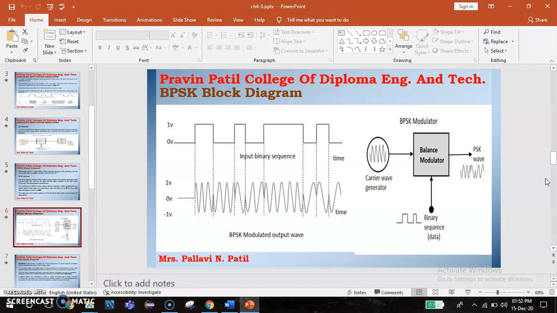From the waveform analysis, we can conclude that when binary 1 is to be sent, the carrier is transmitted with 0 phase shift, and when binary 0 is to be sent, the carrier is transmitted with 180-degree phase shift. This is the waveform of the BPSK block diagram.